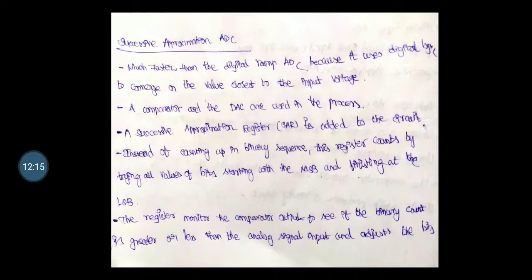An 8-bit converter would require 8 clock pulses to obtain a digital output. The circuit uses a successive approximation register to find the end of conversion required for each bit, and it uses the trial and error method.